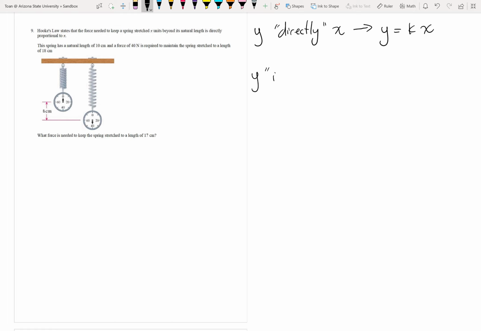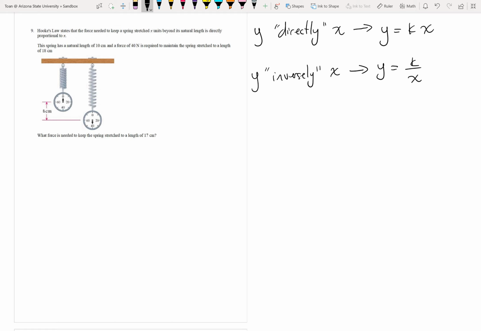If it uses the word inversely, the idea is to put that variable in the denominator, on opposite sides of the equation. But regardless of direct or inverse, notice you always have variable equals k. That's how you set up every single proportional equation, variable equals k.